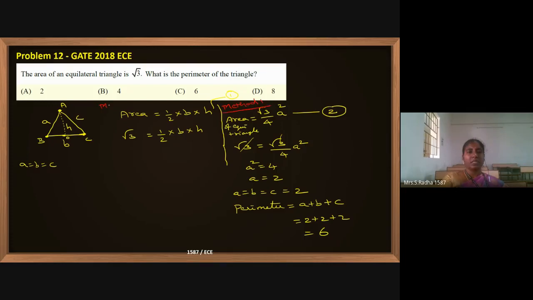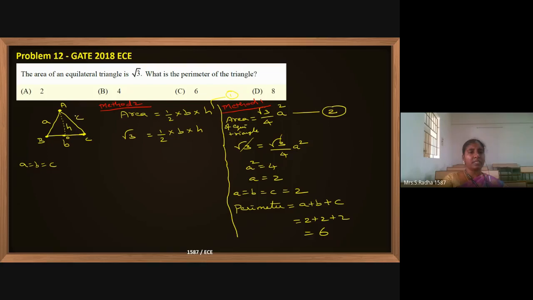In the second method, this is the general formula for the area of a triangle. This is the first method completed. In the second method, you can write h in terms of b.